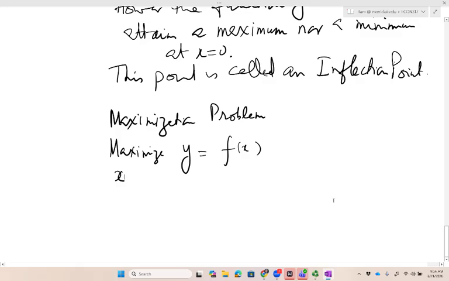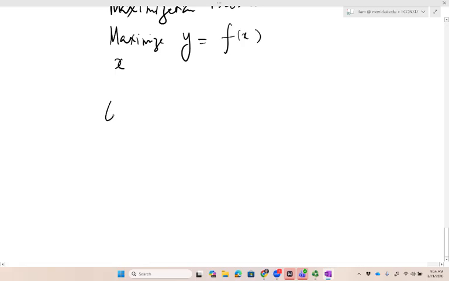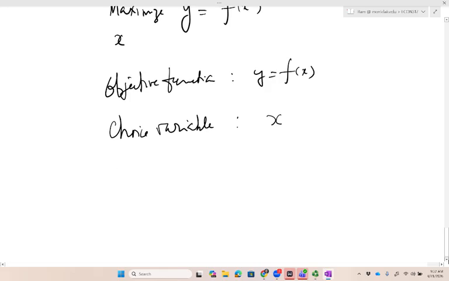If this is the problem assigned to us, I will say that the objective function is given as y, which is a function of x. The choice variable, this is the variable whose value we will change to find out the point of maximum or point of minimum, equal to x, and we do not restrict the value of x in any manner.